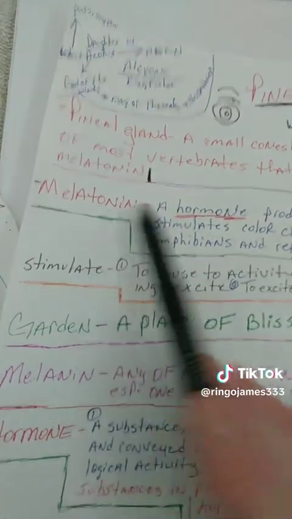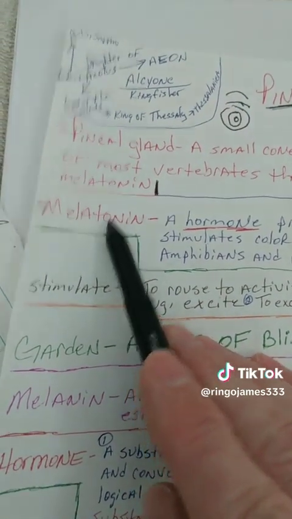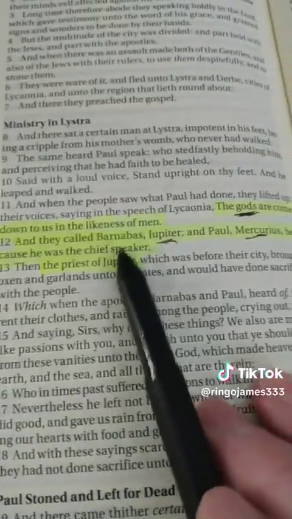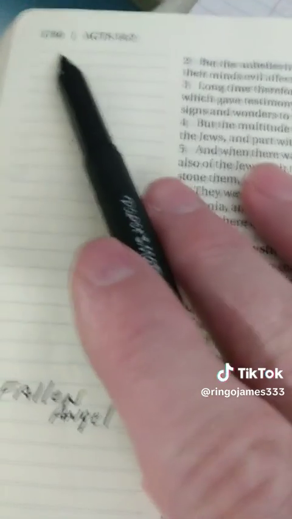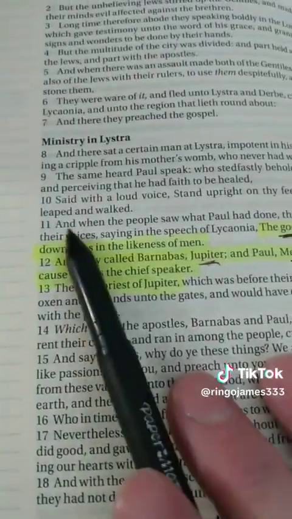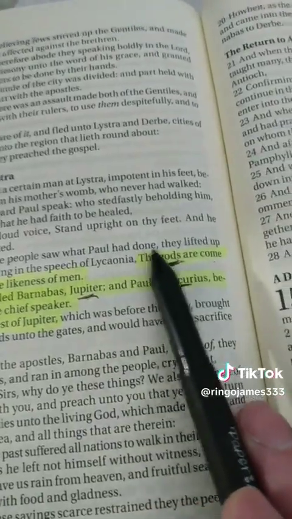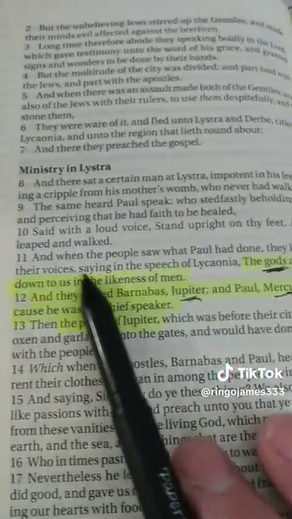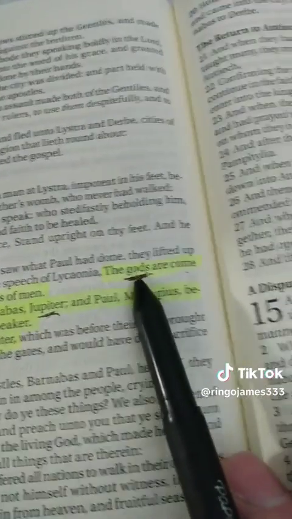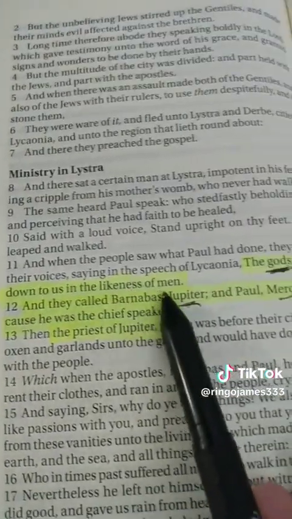All right, I'm fixing to explain this to you. The light of this melatonin, watch this. This is why, in the Bible, in Acts 14:11 and 12, when the people saw what Paul had done, they lifted up their voices, saying, in the speech of Lycaonia, the gods are come down to us in the likeness of men.